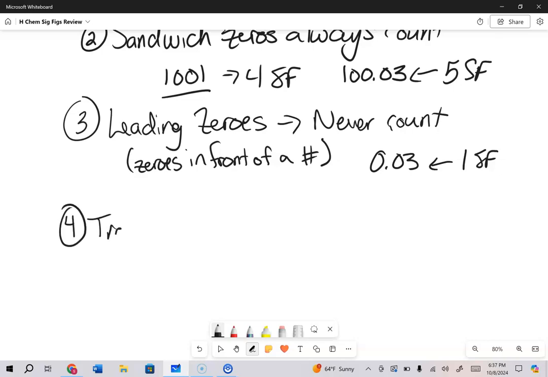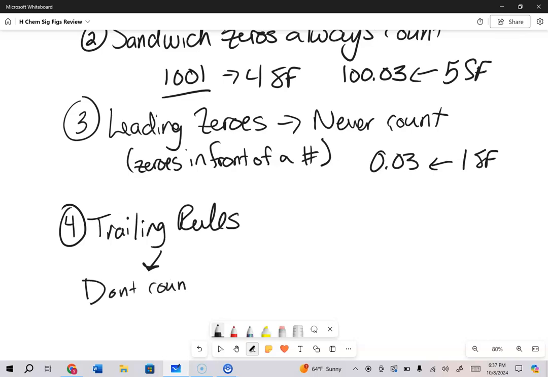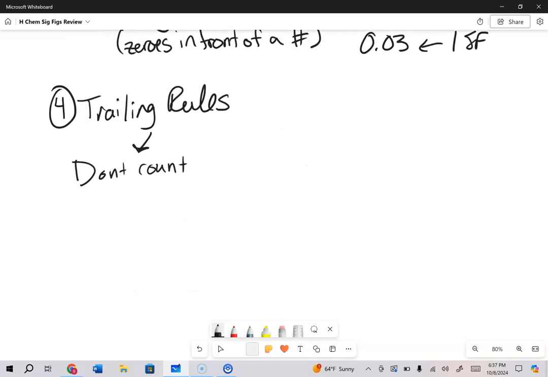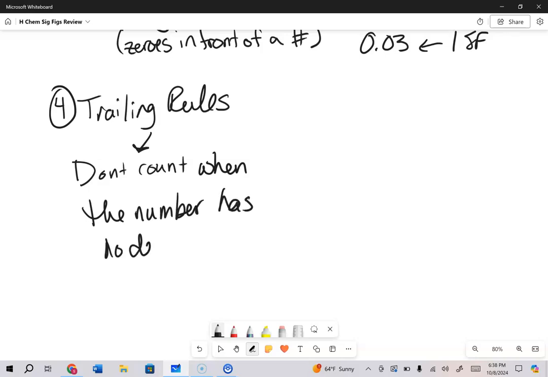Right? The final rule was on trailing zeros, and there were 2 rules we had to remember. The first was when they don't count: when the number has no decimal places.